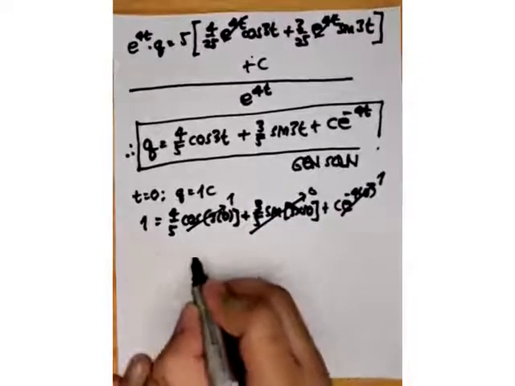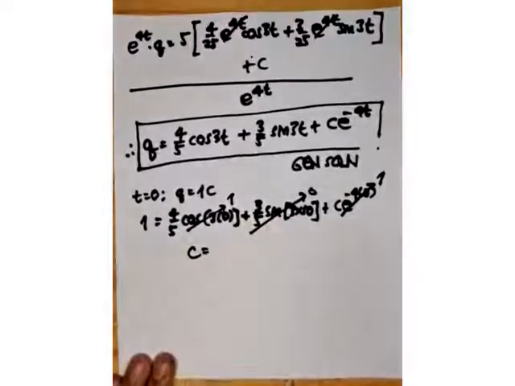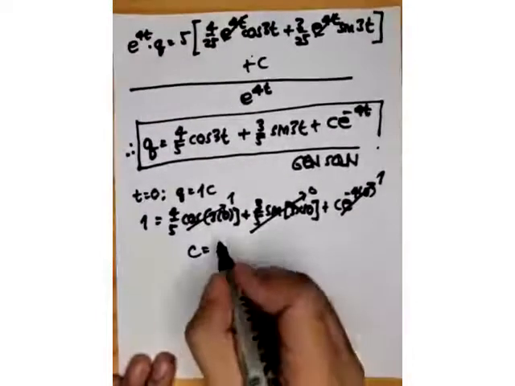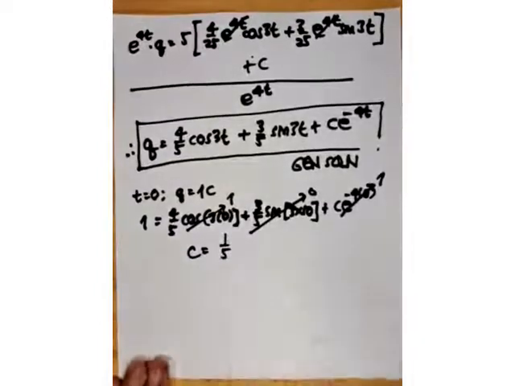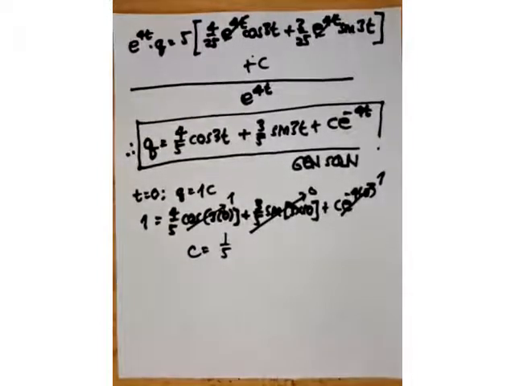So c is equal to 1 minus 4 over 5, which is 1/5.